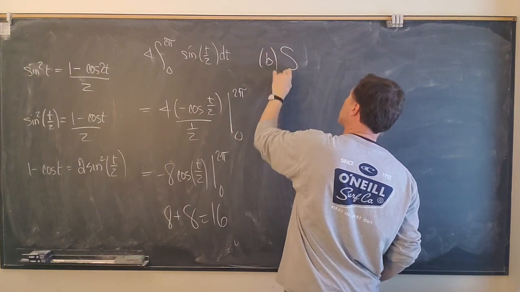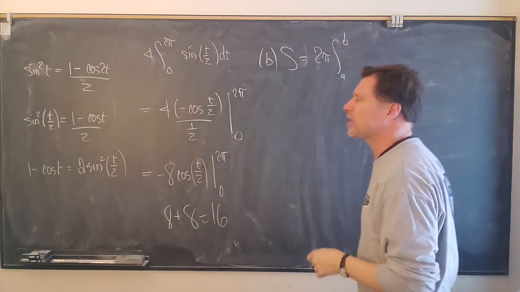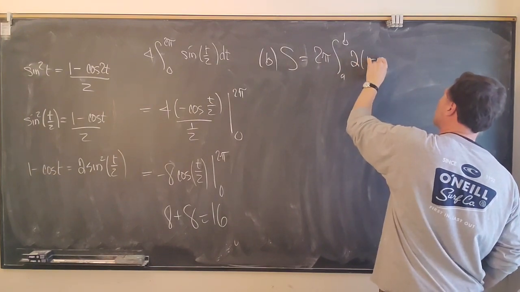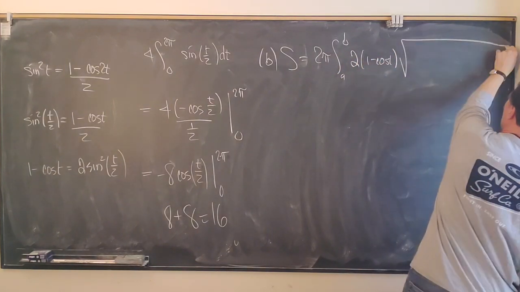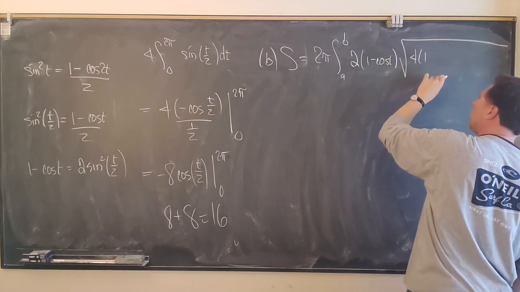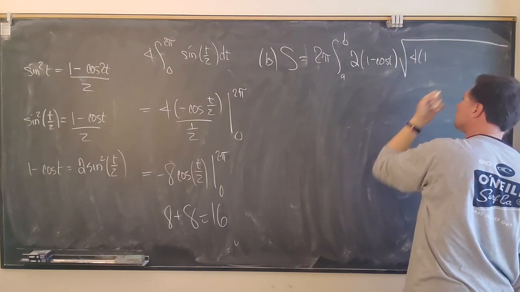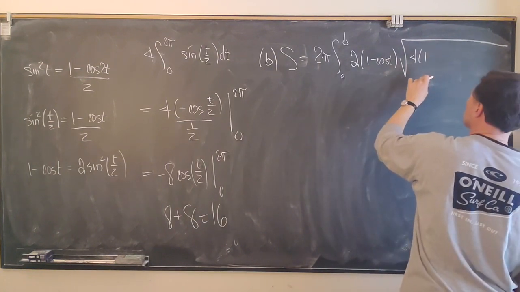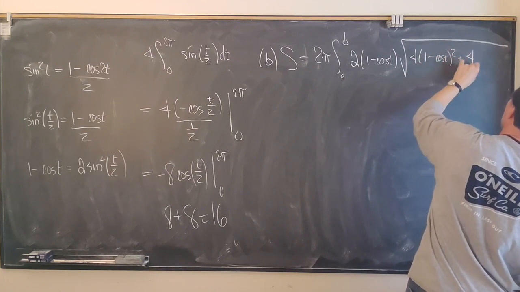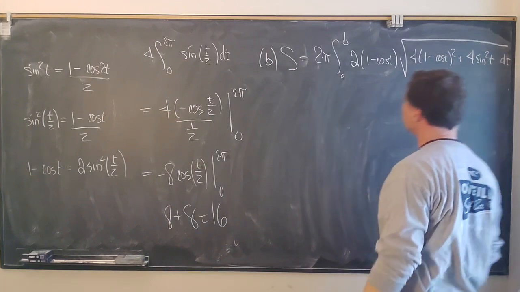So the surface area is going to be 2 pi times the integral from a to b of the y function, which is 2 times (1 minus cosine t), and then under the square root we would have the derivatives squared, so 4 times (1 minus cosine t) quantity squared plus 4 sine squared t dt.